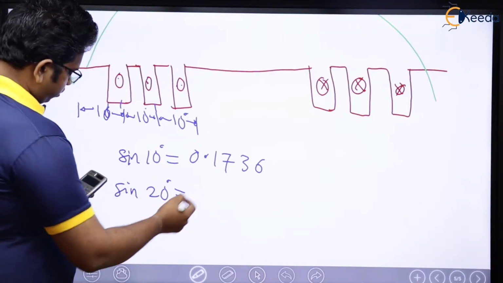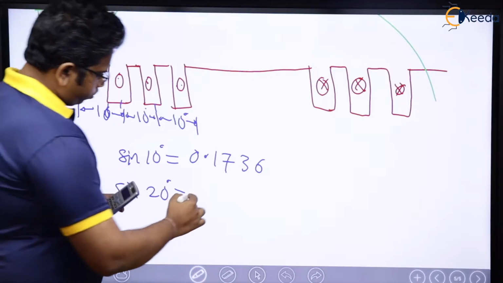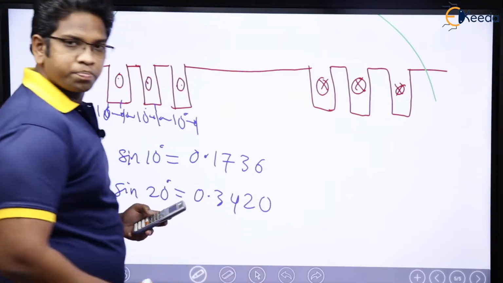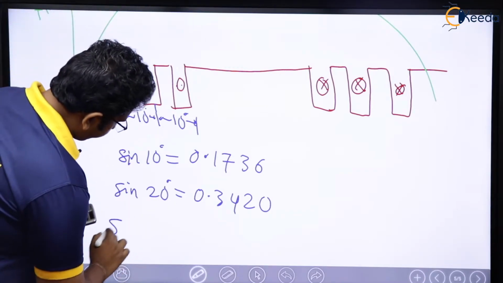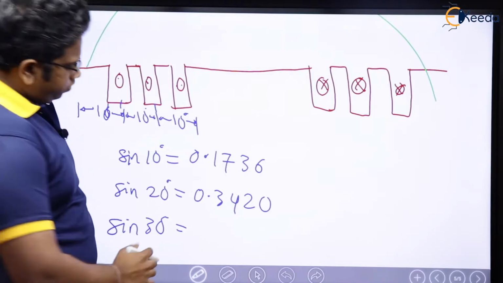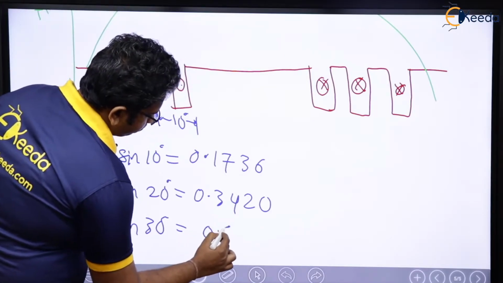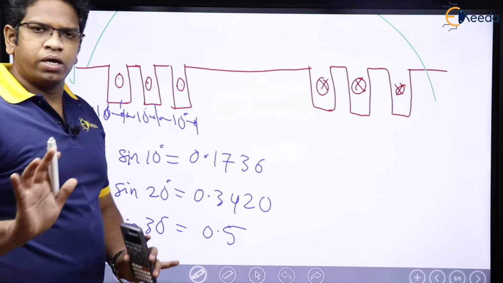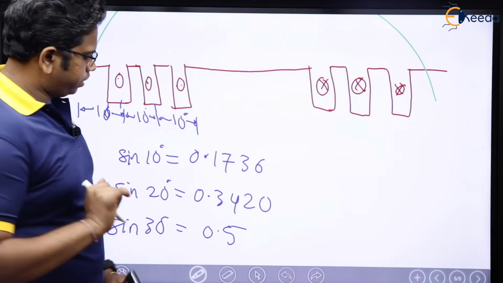Sine 20 is going to be 0.3420. And sine 30, we already know that it is going to be 0.5. Right?